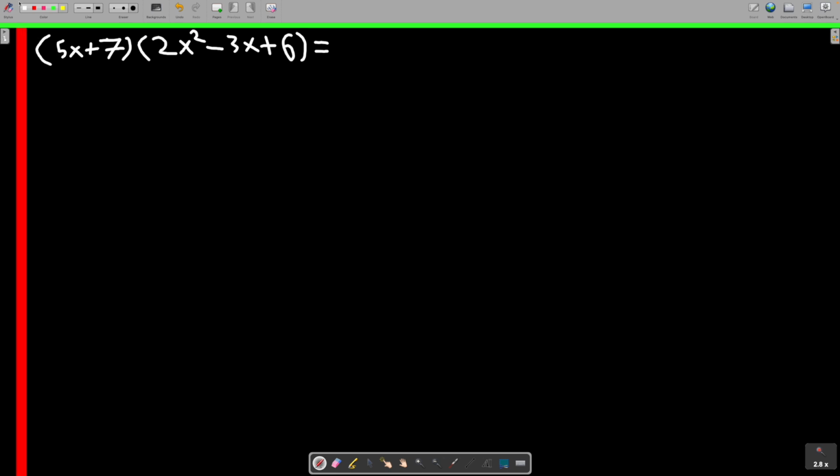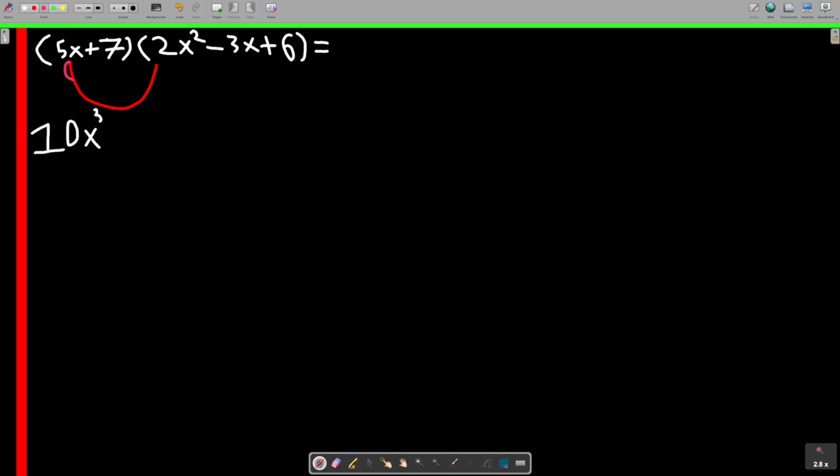Let's try some more examples like that. But this time we're going to be multiplying a binomial by a trinomial. So this is going to be a bit harder, but it's okay. It's still pretty easy. So we're going to have 5x times 2x squared. 5 times 2 is 10. And then x times x squared, we'll have 1 plus 2, which is 3. So we're going to have 10x cubed.